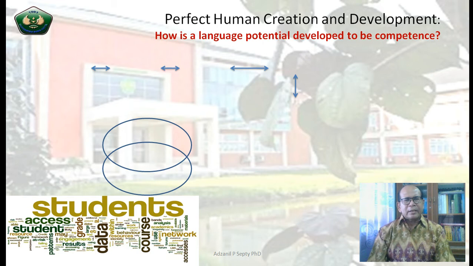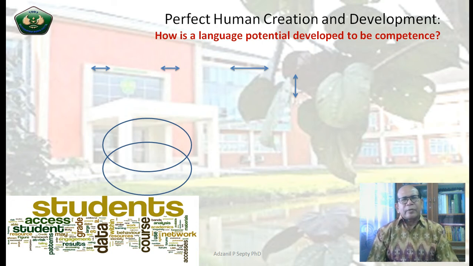We know that English is one of the major languages in the world, not only English but also other languages such as Arabic. It's also a major language spoken in the world because most people embrace the religion and other languages as well.